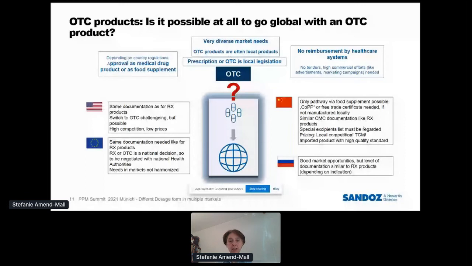The approvals are very different. In some countries you need to go with a normal drug application, and in others you go as a food supplement, China as an example. Also, the rule whether a product is an OTC or sold only on the basis of a prescription from a physician is usually local legislation.